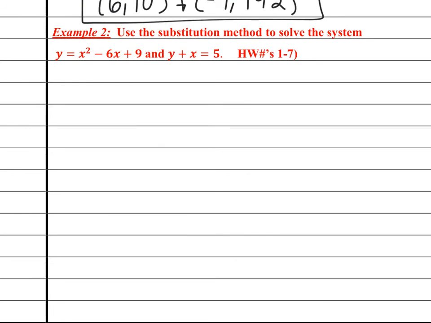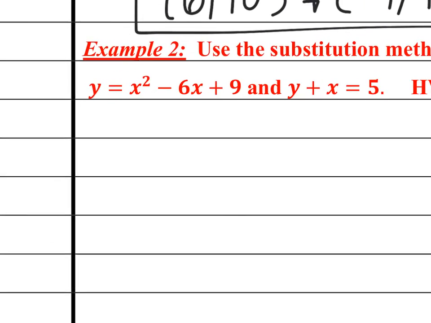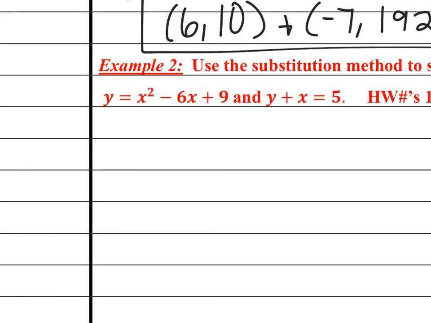Last, we'll use substitution. I'm going to set both of these equal to y. So I'll subtract x and get y is equal to 5 minus x. Now we can set these equal to each other because they're both equal to y.